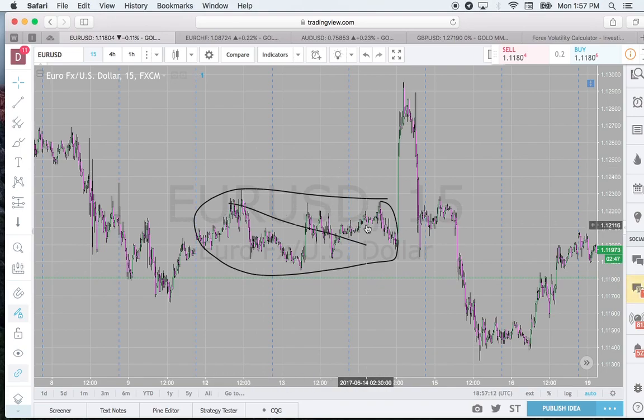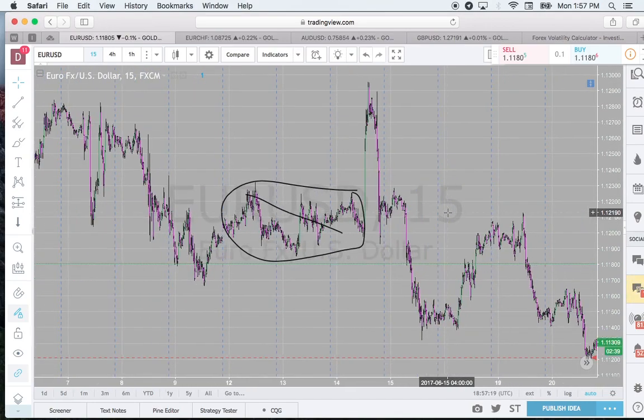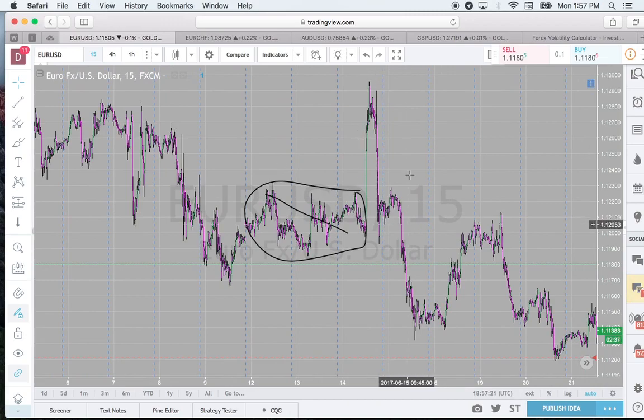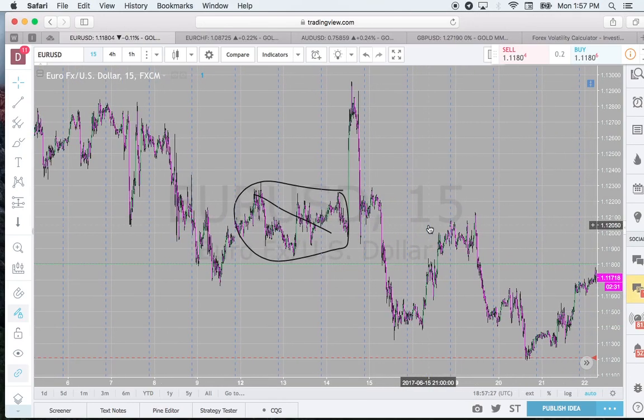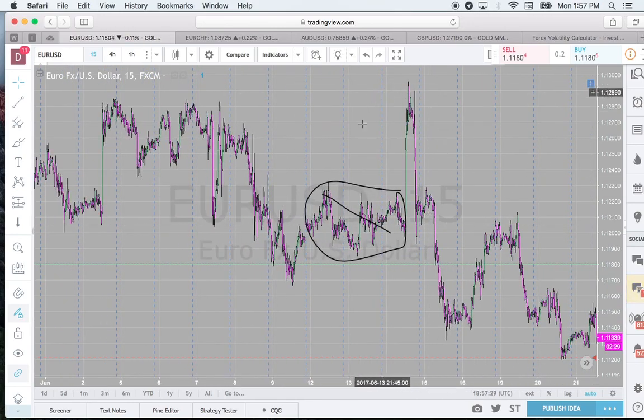Now realize that this is just a news event. It has nothing to do really with the news and everything to do with where the money is at the time, where the liquidity is at the time.